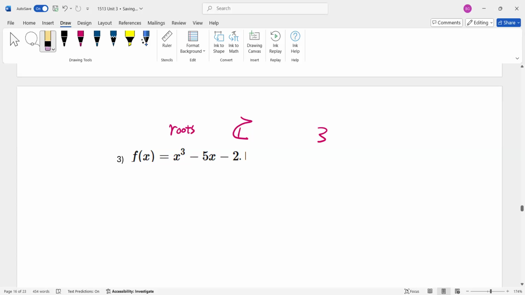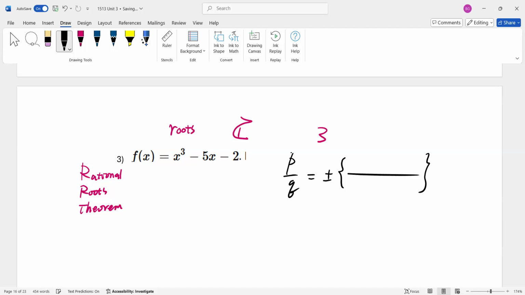Then look at the polynomial. I don't think factorization is going to work, so we would have to use the rational roots theorem. Find all the potential rational roots for this polynomial: p over q equals plus or minus a fraction.